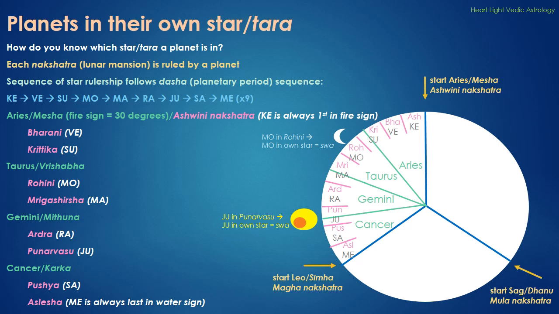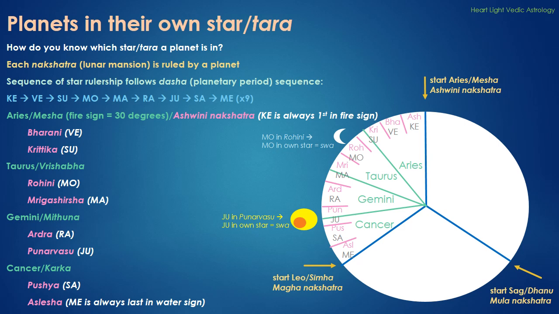Jupiter is in its own star because Jupiter rules Punarvasu. So even though Jupiter's not in Sagittarius or Pisces, the two constellations that it rules, being in Punarvasu will still make it Swa. Okay.